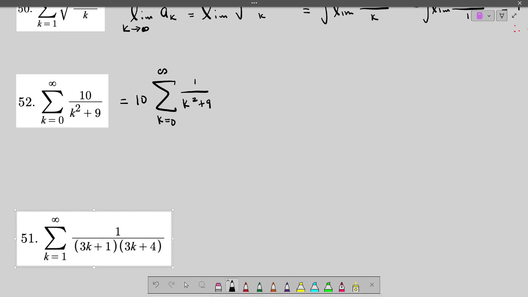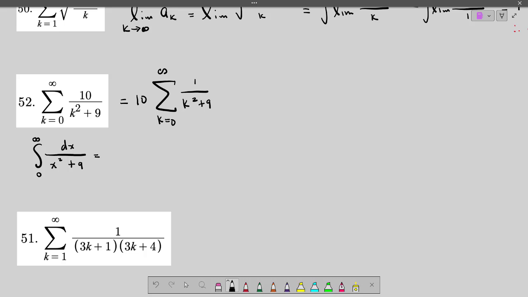So what we're going to consider is the integral from 0 to infinity of dx divided by x squared plus 9. If that improper integral converges, then the series converges. If that improper integral diverges, the series diverges.